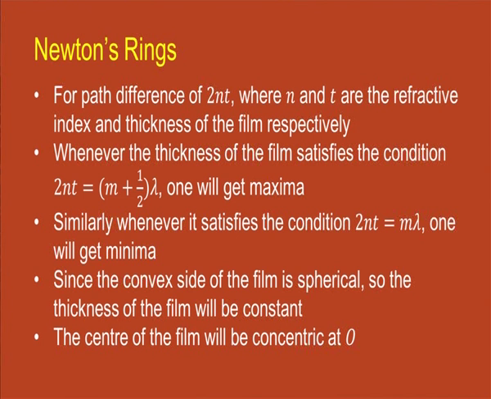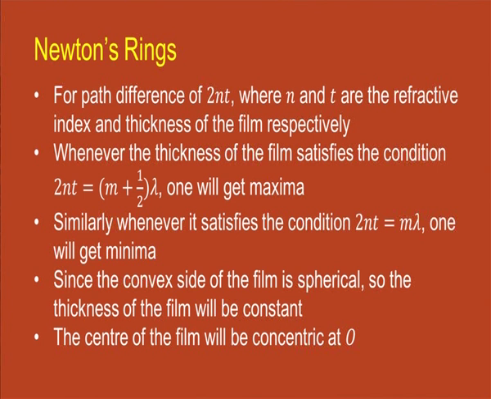Whenever the thickness of the film satisfies the condition 2nt equals (m plus half) lambda, one will get maxima, where m is an integer, that is 0, 1, 2, 3 and so on. Similarly, whenever it satisfies the condition 2nt equals m lambda, one will get minima.